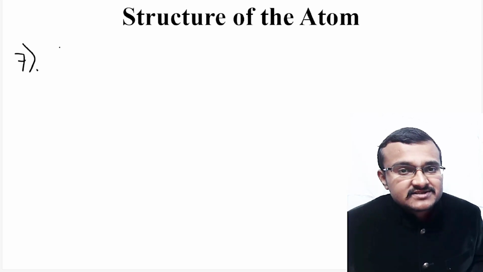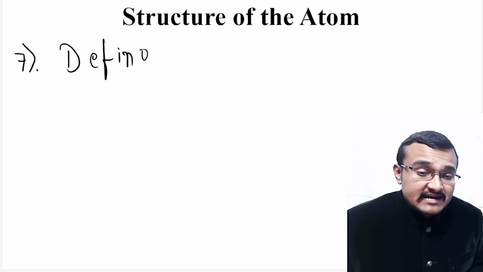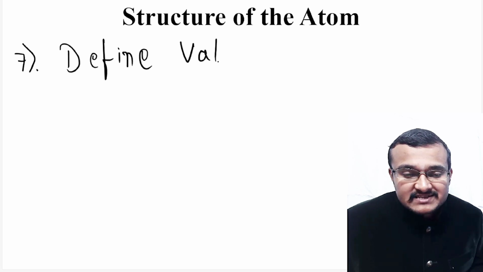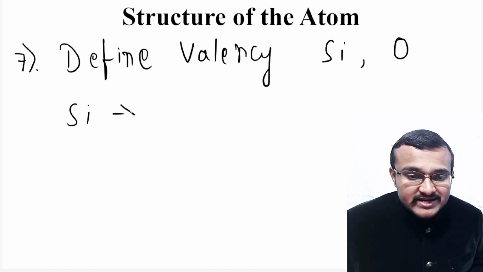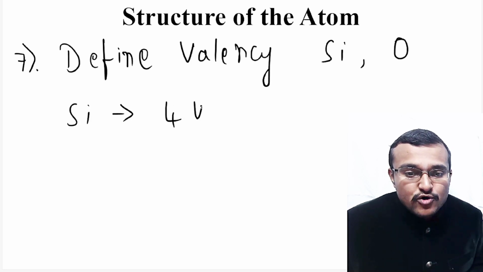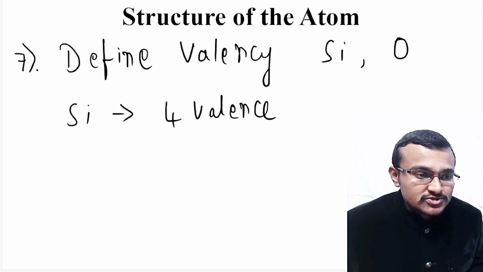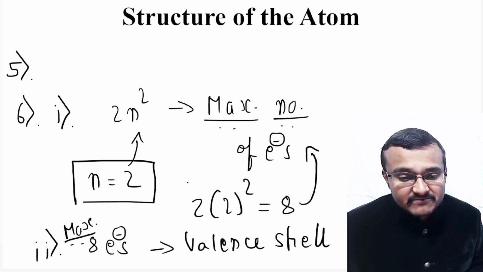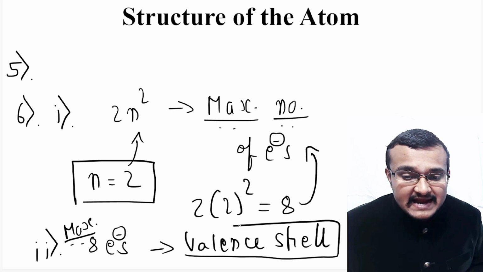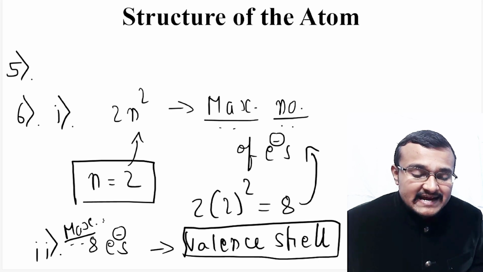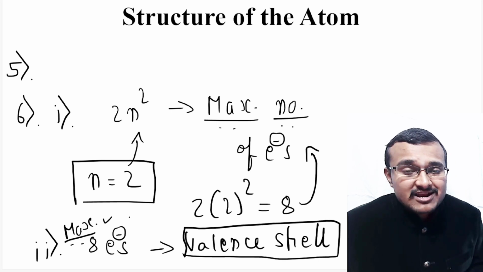Coming to the seventh question in this exercise, here they have asked to define valency by taking the example of silicon and oxygen. If you consider silicon as your example, in silicon you have 4 valence electrons. As I discussed in the rules of electronic configuration of the first 18 elements, only 8 electrons are allowed in the outermost valence shell of an atom.